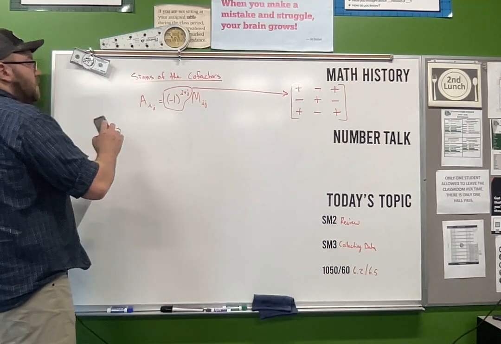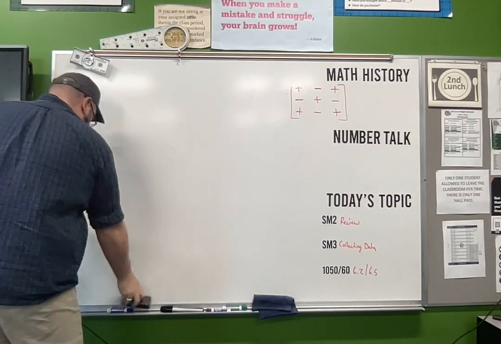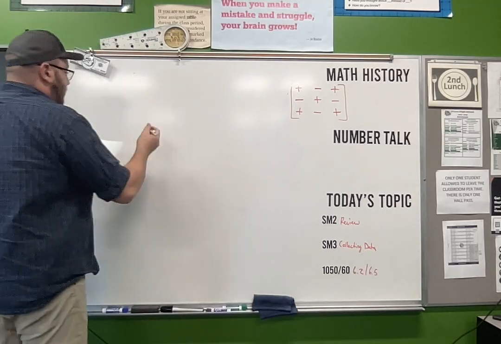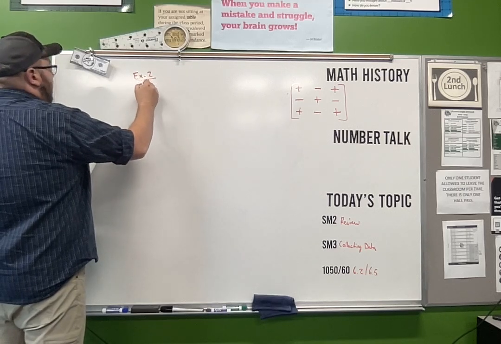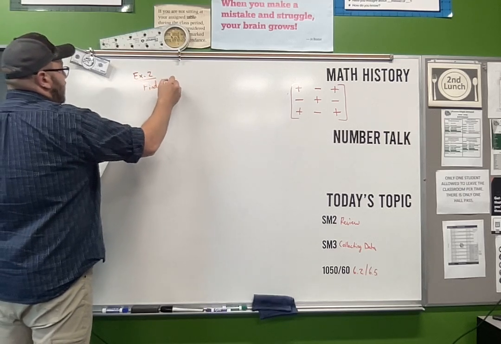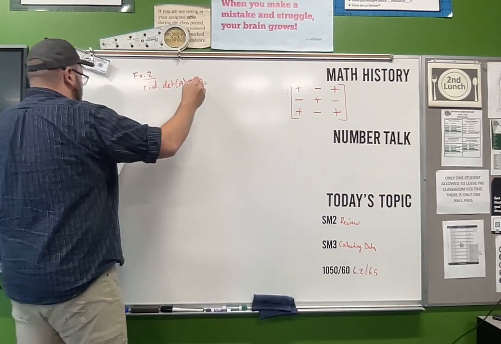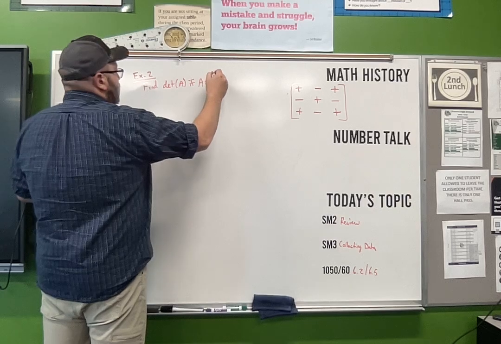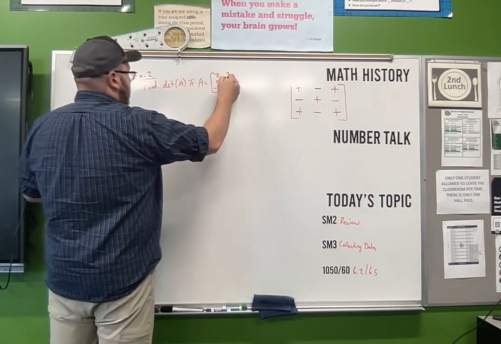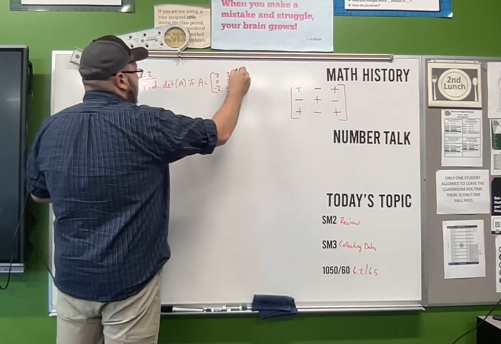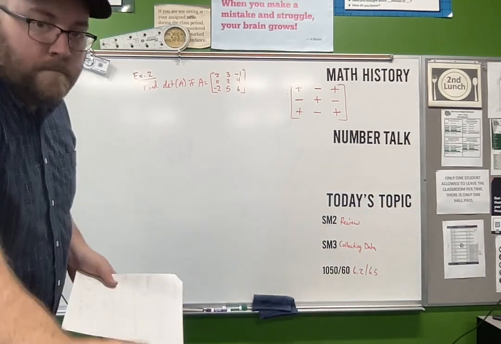Let's see here. So I'm going to erase this. Okay, example 2. Find the determinant of A if A equals the matrix with rows 2, 0, -2; 3, 2, 5; -1, 4, 6.